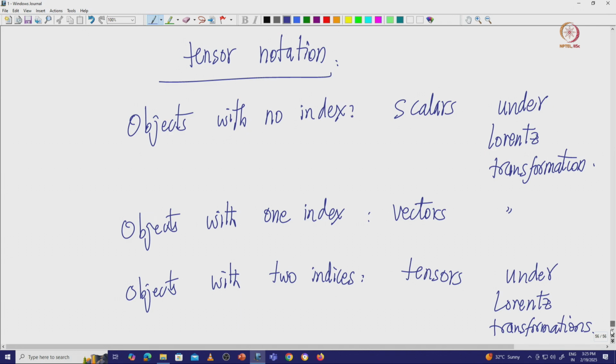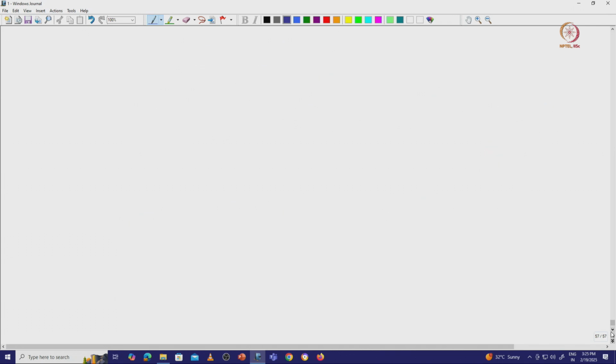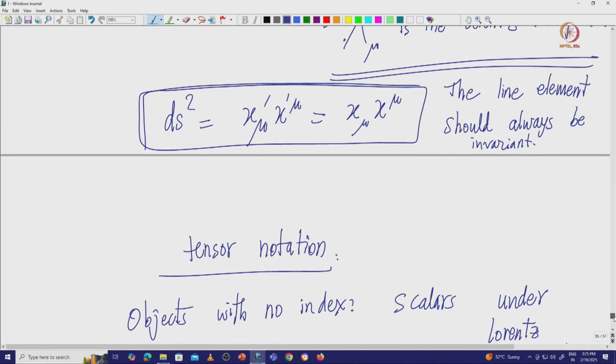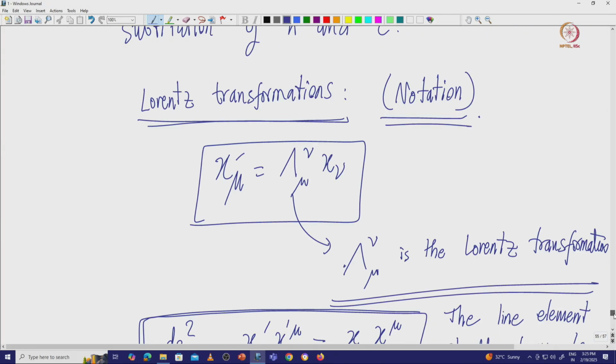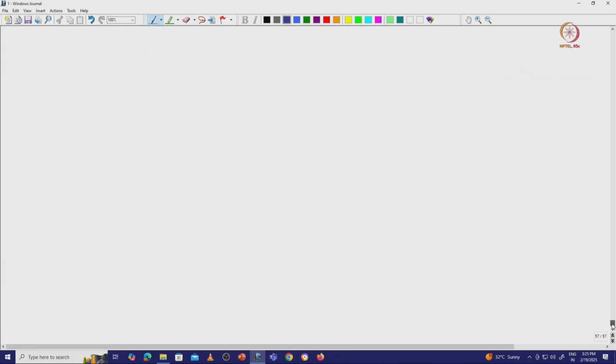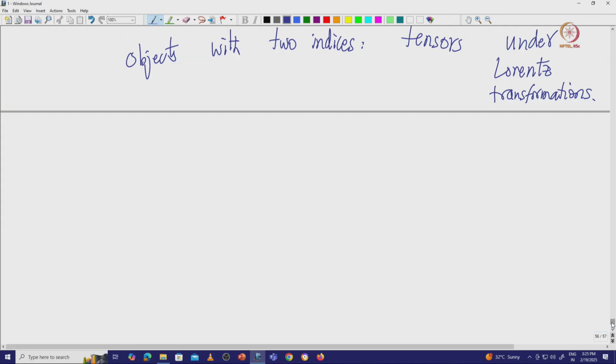So, let us see some examples of tensors, scalars and vectors. An object which does not have any index is the line element dx squared, because the same index appears here and there. This index is summed over, so this is a scalar.